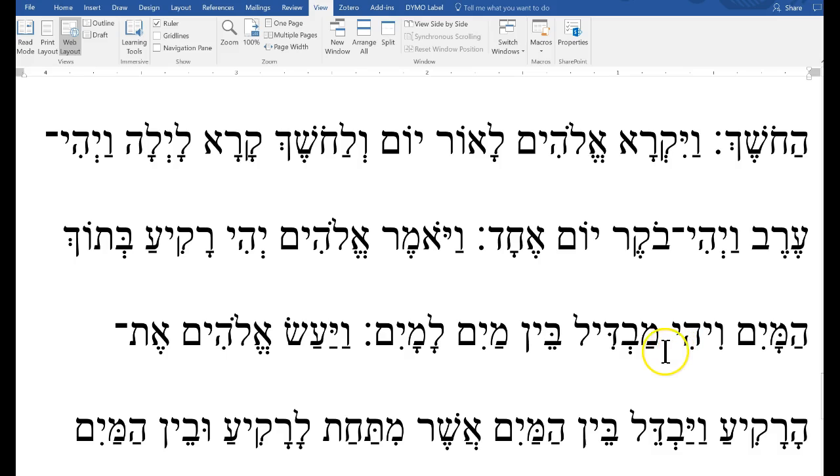And "let it be", and this is a hiphil participle. You see the standard hiphil mem, and the hiphil often has this A-class vowel. Let it be a thing constantly separating between the waters to the waters.